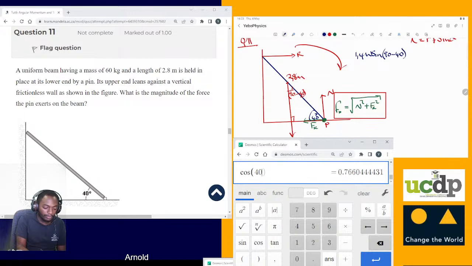All right, so this is positive, minus 2.8, and the force is R sine 40.